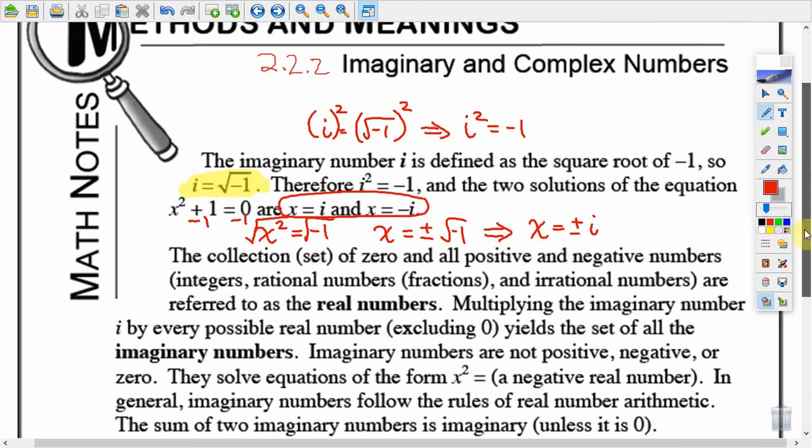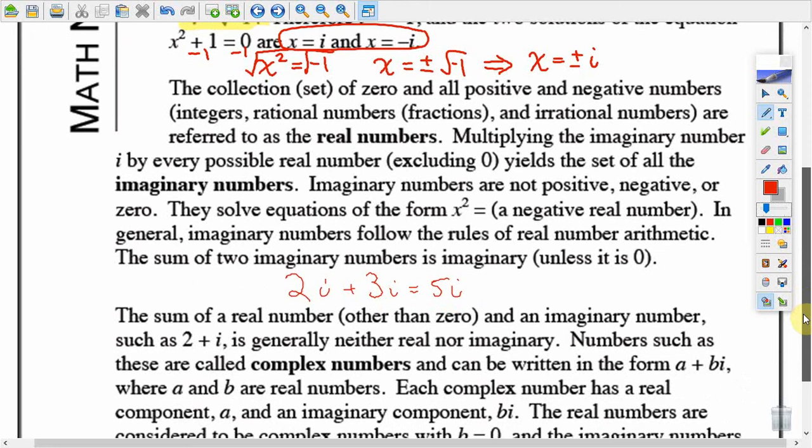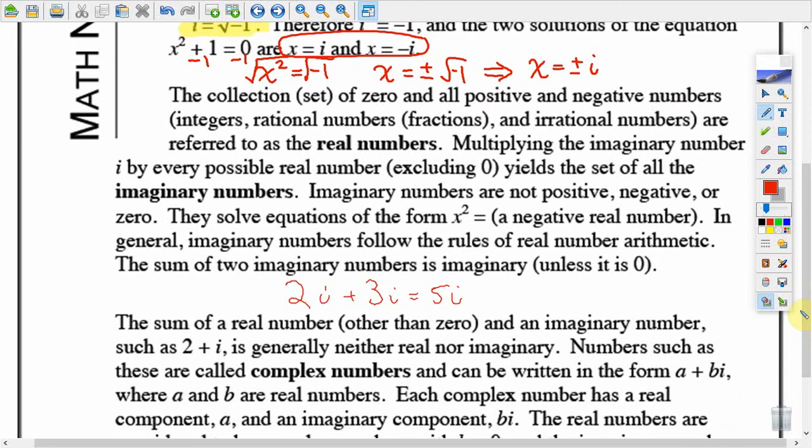So let's keep going. The collection or set of 0 and all positive and negative numbers are referred to as real numbers. Essentially every type of number you've dealt with up till now is a real number. So fractions, square roots, non-terminating decimals, everything you know is a real number.